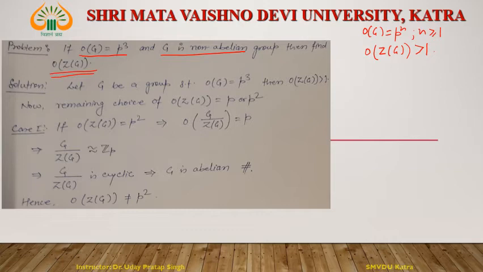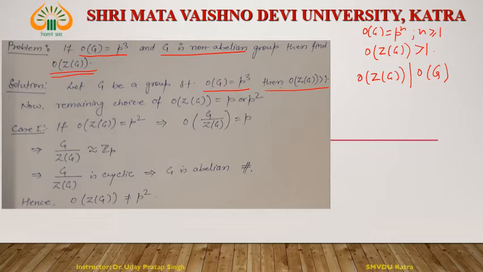Z(G) is a subgroup of G. Then order of Z(G) must divide order of G by Lagrange's theorem. See the solution. What is order of G? Order of G is P cube. Then what is order of Z(G)? Order of Z(G) is greater than 1 by the above example. Then what is the remaining choice of order of Z(G)?